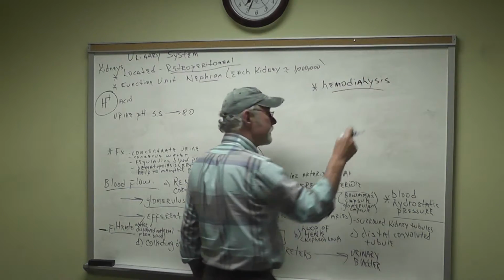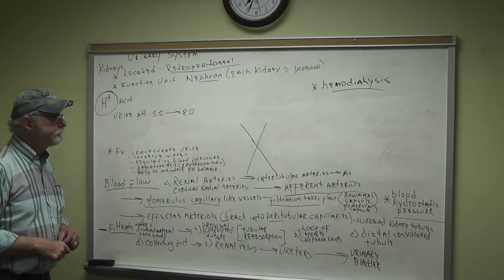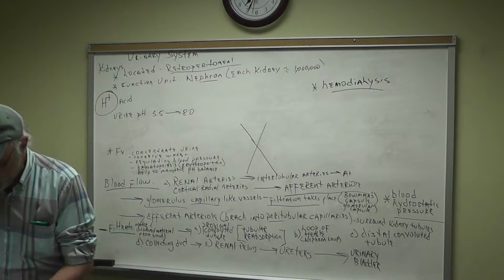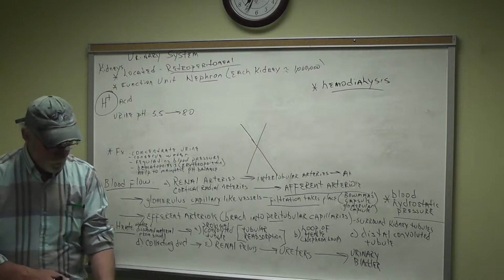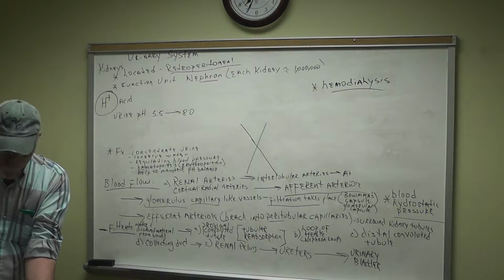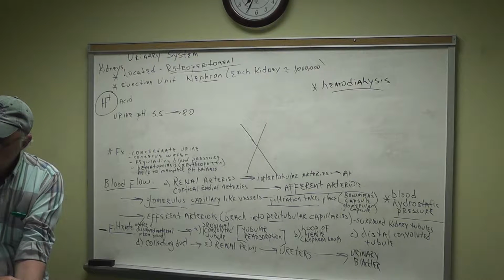All right, and that is where they hook you up. What they'll do, at least in the early stages of hemodialysis, is what's called a shunt. They'll open up a vessel in the arm, two vessels in the arms, and they will hook an artery to a vein.